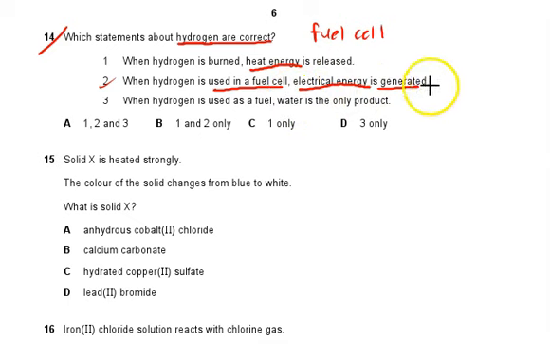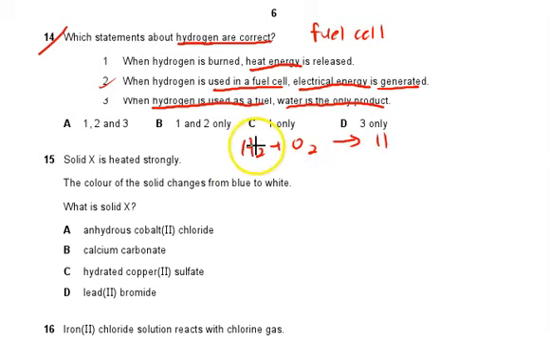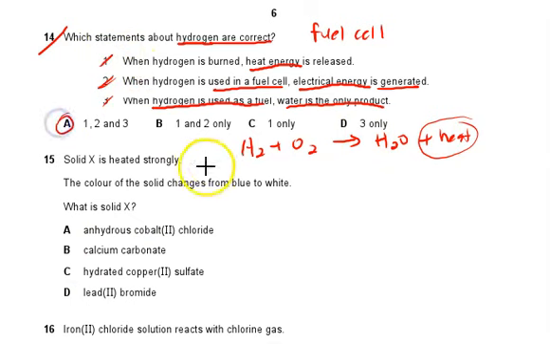Yes, correct. And when hydrogen is used as a fuel, water is the only product. Yes, it's correct, because hydrogen plus oxygen produces water and the heat energy. So the heat energy will be transferred to the engine. So your answer here will be everything, 1, 2 and 3.